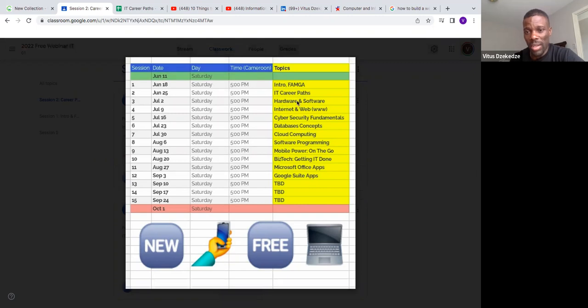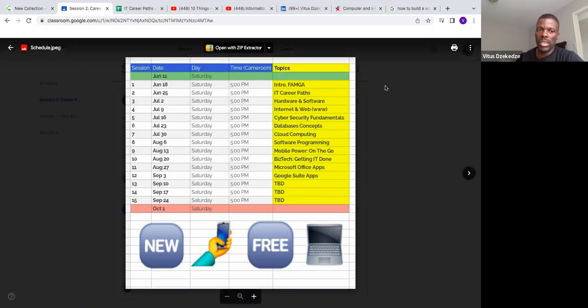What you're going to learn with hardware and software is going to be true for the rest of your life. It's going to be valid for any career in IT that you get into.